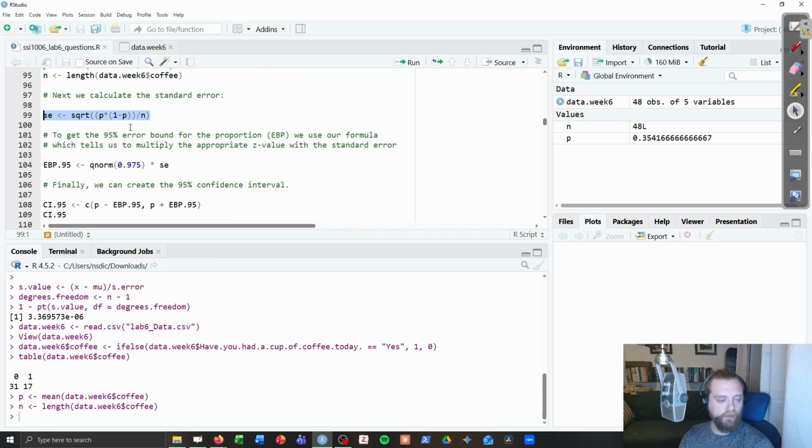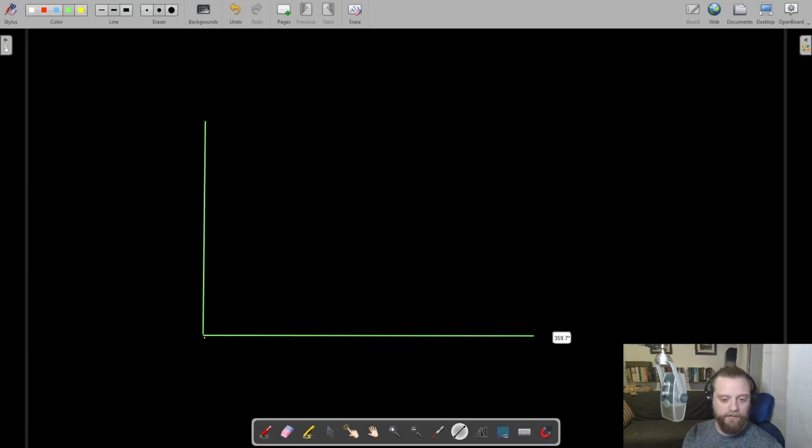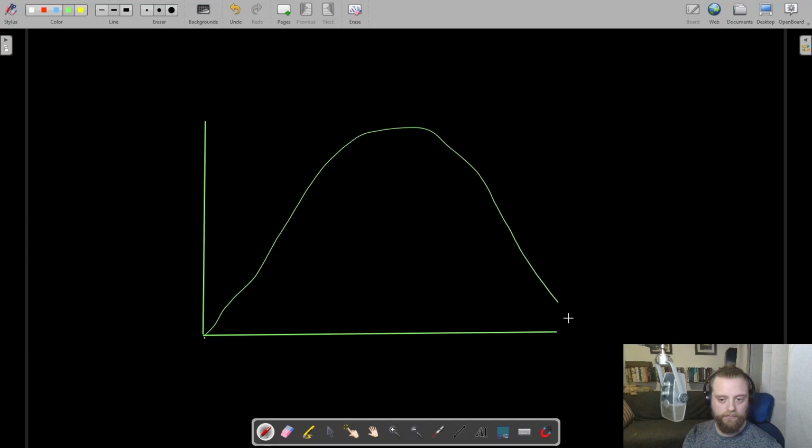Now for a proportion, our standard error is a slightly different calculation, because a proportion has particular properties. And that's because if we think about our distribution of proportions, well, it has very clear maximum and minimum values.